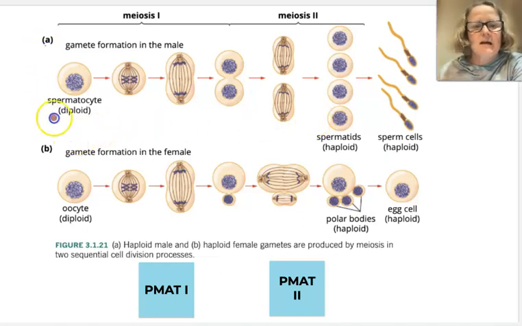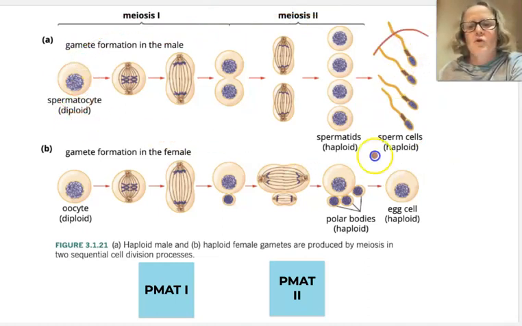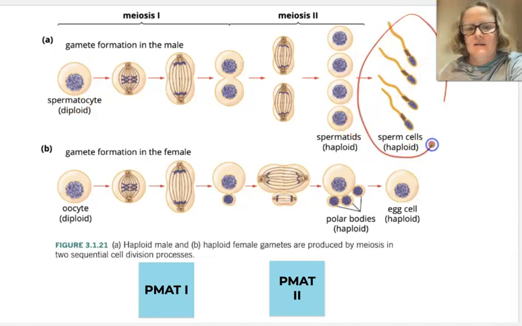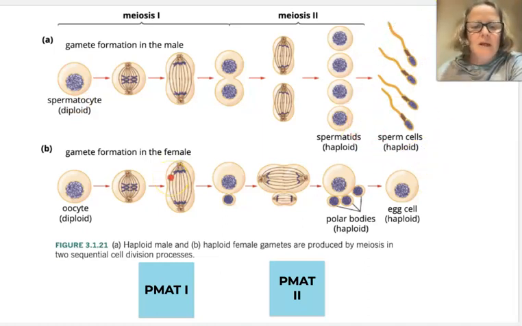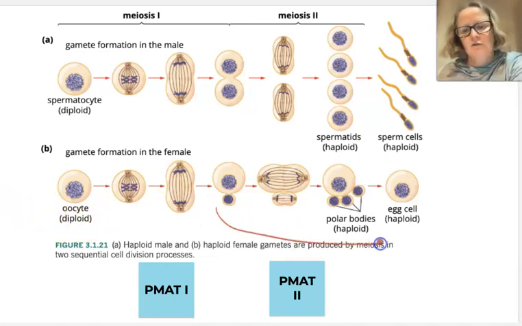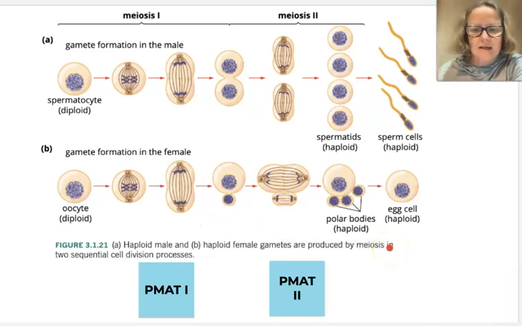So this top diagram is how we make sperm. You'll see 1 cell at the beginning becomes 4 sperm cells at the end. The bottom row here, we have the first nuclear division, then the second nuclear division, and we're actually making egg cells here, and 1 cell does become 4 cells here, but 3 of those cells have kind of lost their cytoplasm because all of the cytoplasm ends up in one of the cells.